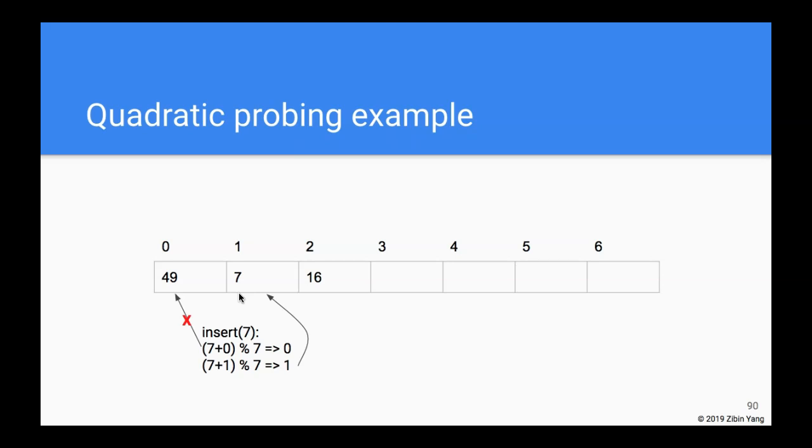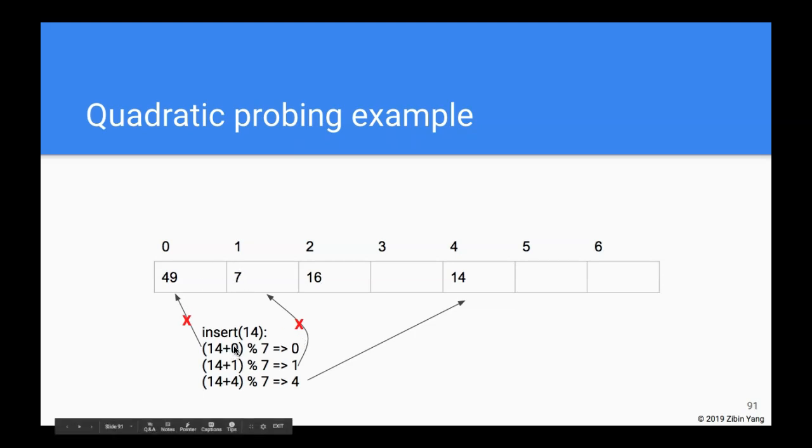Now the interesting thing is, what happens when we want to insert 14? The f of k here goes from 0 to 1 to 4. We know positions 0 and 1 are already occupied. However, at 14 plus 4, that's 18 modulo 7, which is position 4 in the case of quadratic probing.